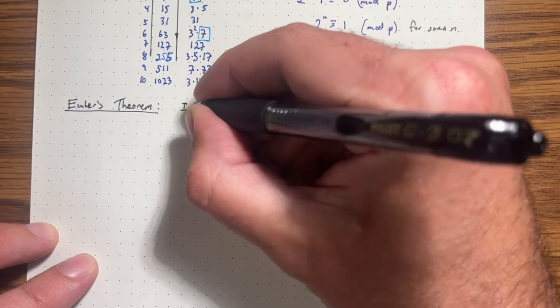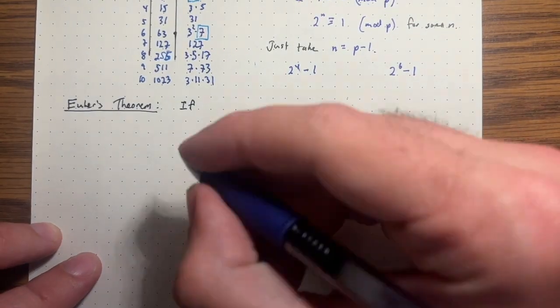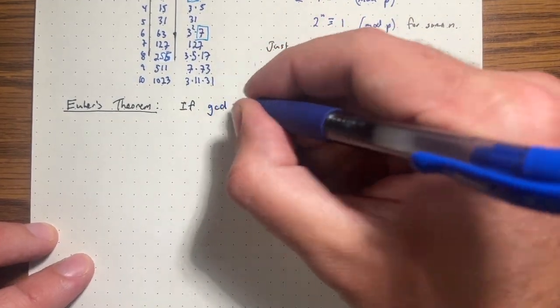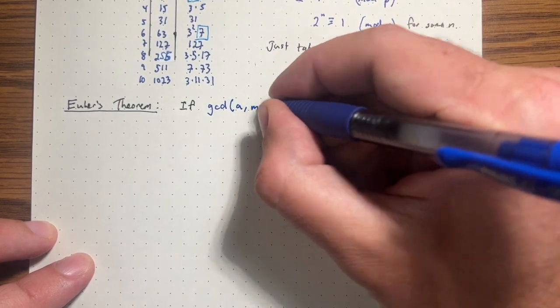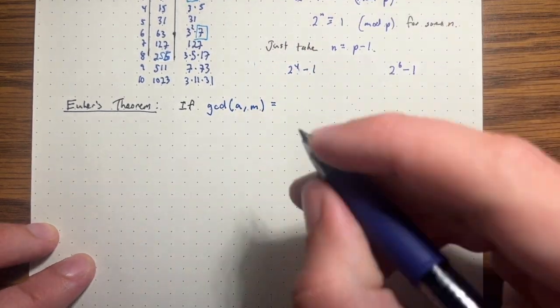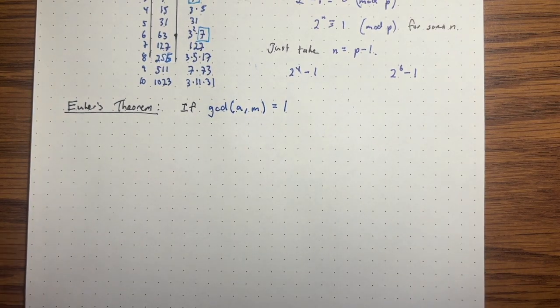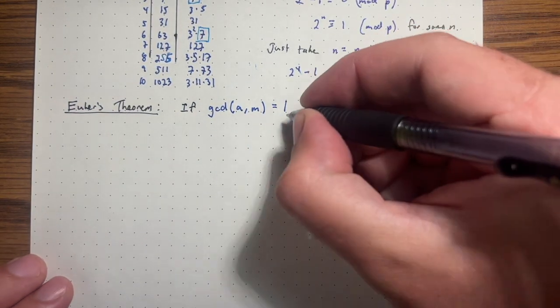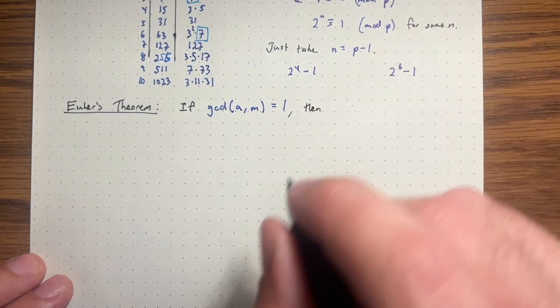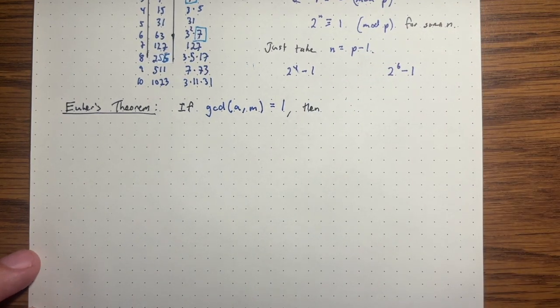So if A is coprime to the modulus, this is going to be the setup for Euler's theorem. M is our modulus. So we're going to take an element that's coprime to the modulus. Then, here's the conclusion.